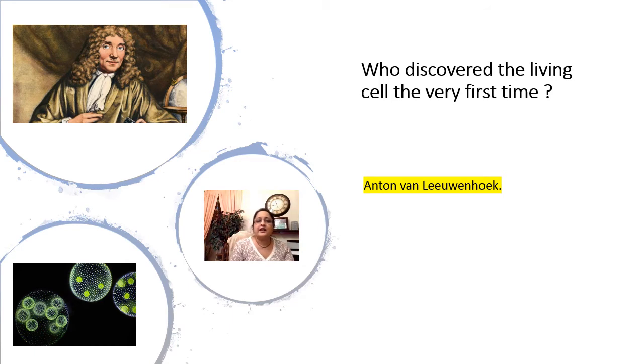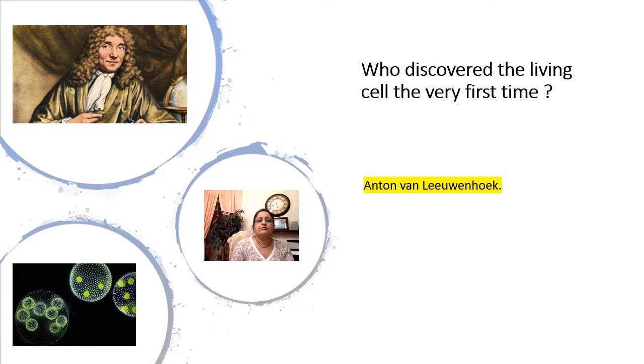Soon after Leeuwenhoek, observations made by many other scientists made it clear that cells were the basic units of life. Out of those discoveries, three main ones are these. Schleiden conducted experiments and concluded that all plants are made of cells. Then Schwann stated that all animals were made of cells.